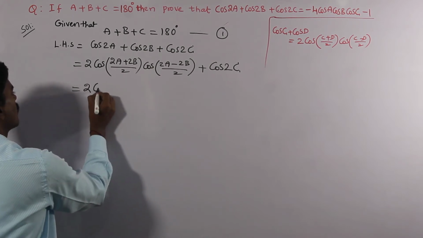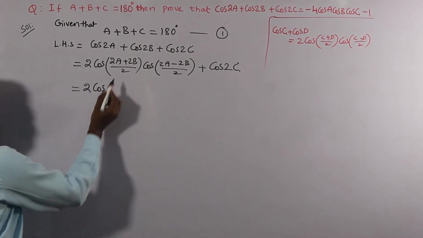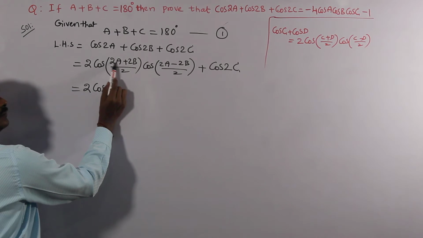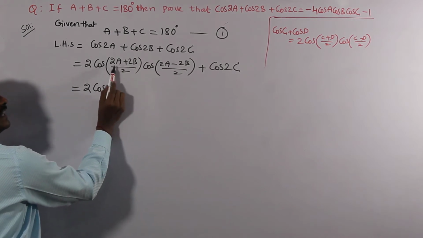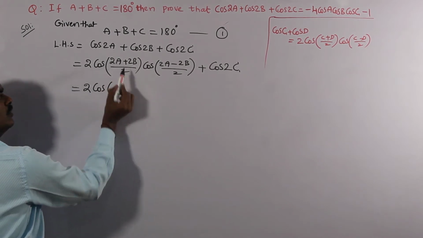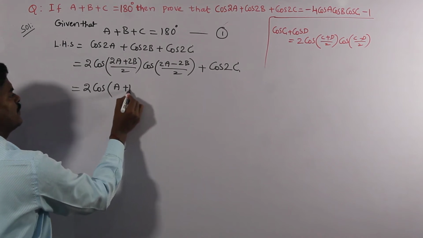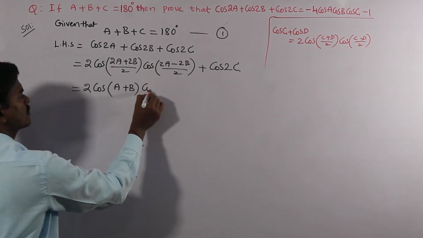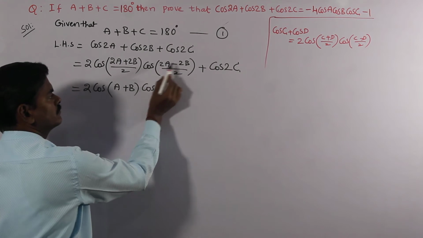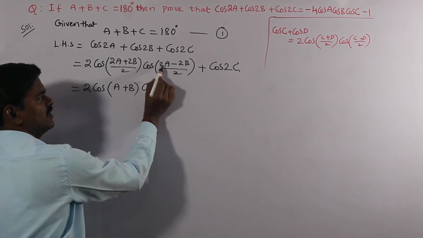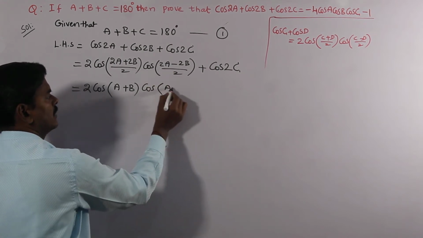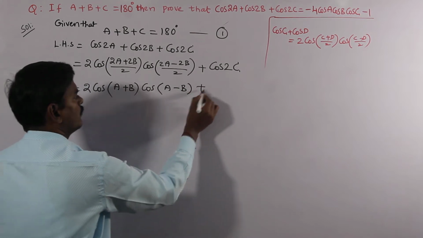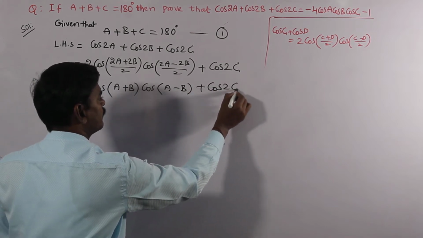Now 2 cos of, we can take 2 common and the 2 gets cancelled. So we will get (a plus b) into cos of (a minus b), plus cos 2c, same.